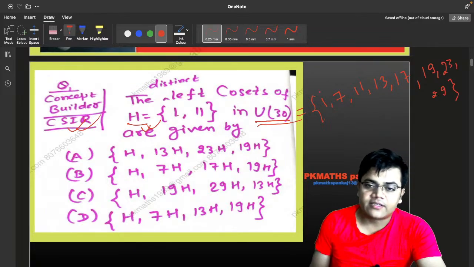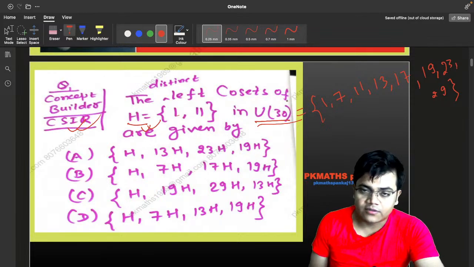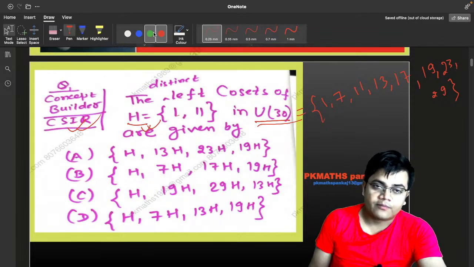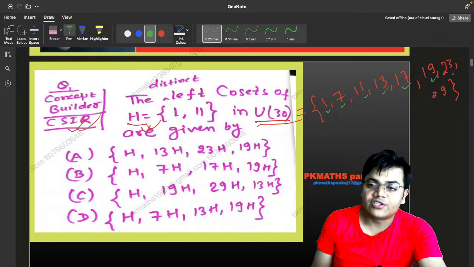We have already discussed everything about the group Un, and you know the order of Un is nothing but phi(n), Euler's phi function, which gives the total number of elements in U30. So we can see this many elements are there in U30.